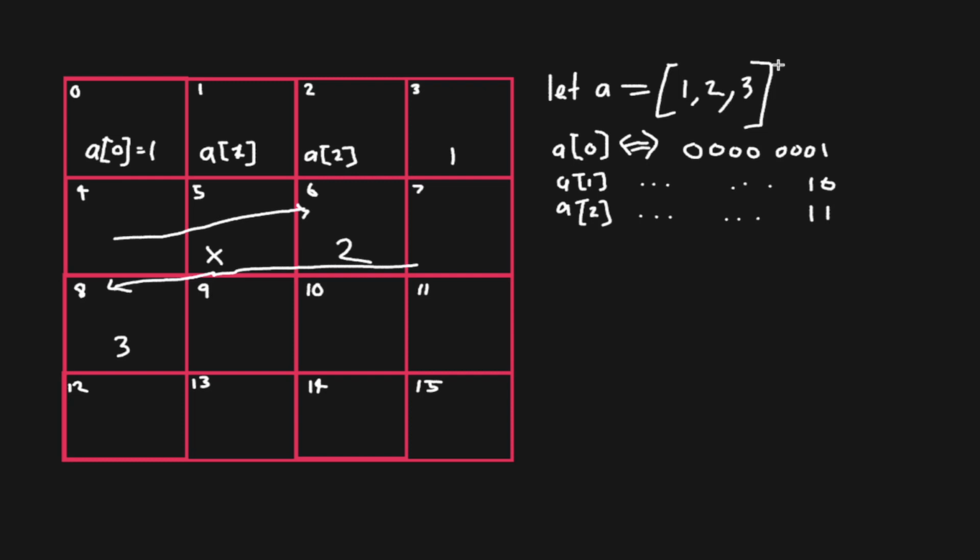But how does the computer know how many memory slots this dynamic array needs? Well, dynamic arrays tend to allocate about twice the memory as needed. So in a dynamic array, where we've got let A equals 1, 2, 3, this is sort of like when we initialize it, this is sort of like saying, okay, we have 1, 2, 3, but then we have the 4th, 5th, and 6th memory slots.